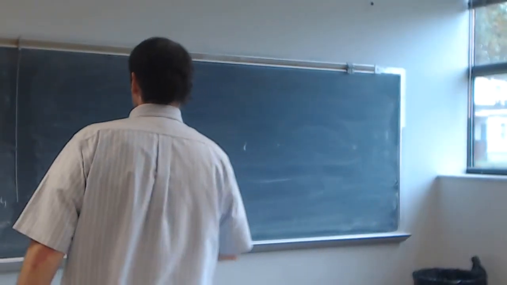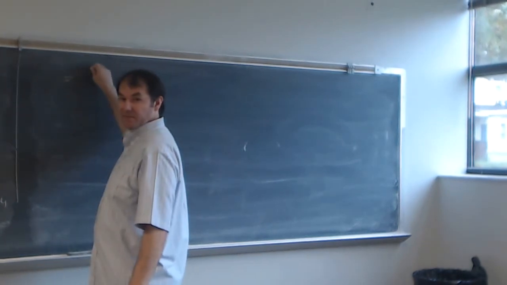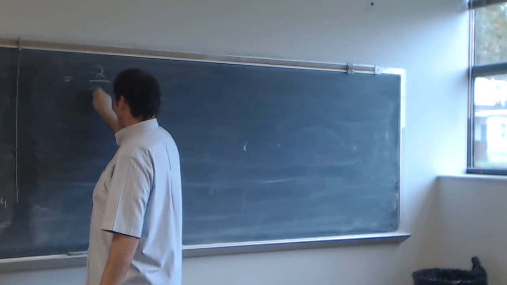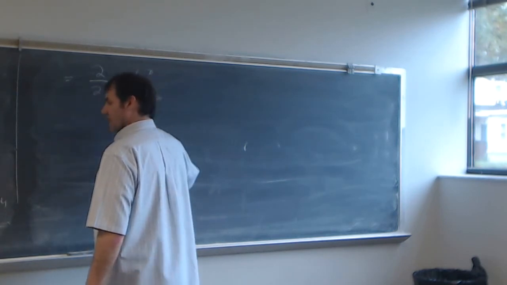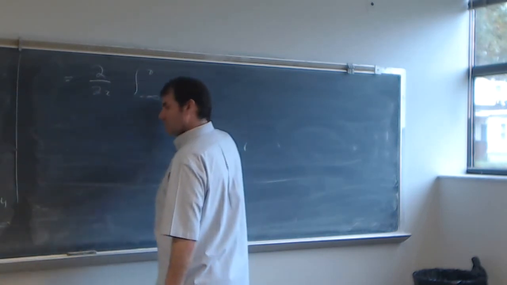Okay, so that's equal to the partial derivative with respect to x, integral from minus infinity to x. And by the fundamental theorem of calculus, we were doing this with respect to b.